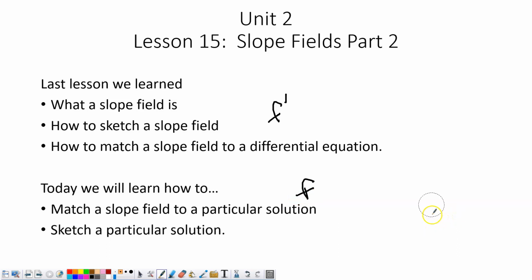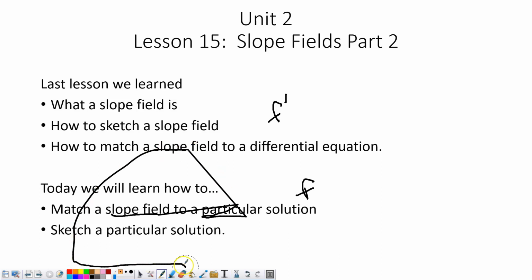I'm going to give you a slope field, and your job is going to be to match the slope field to a particular solution, or the original function itself. After that, we're actually going to learn how to sketch a particular solution as well. Alright, let's go ahead and continue on here.